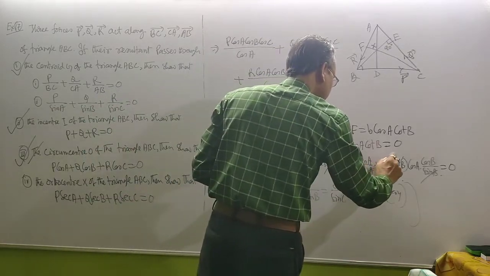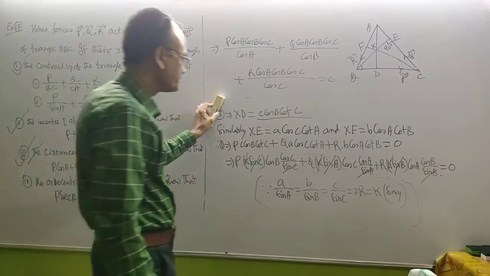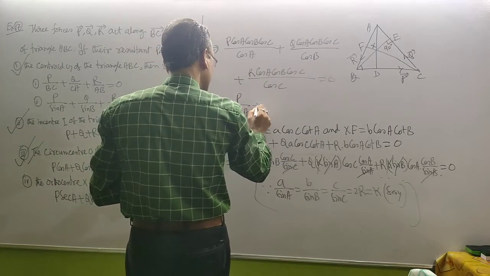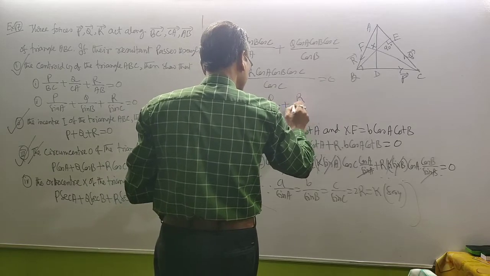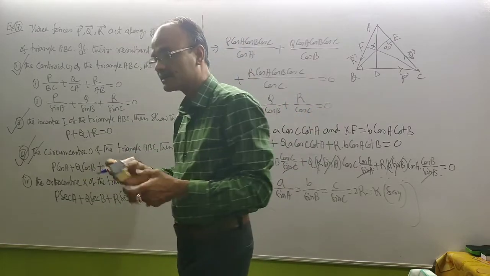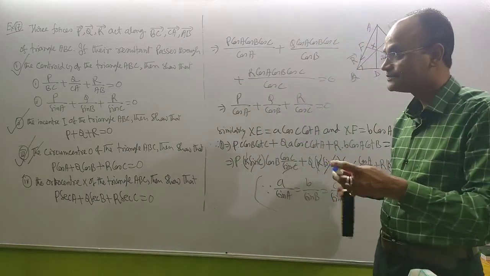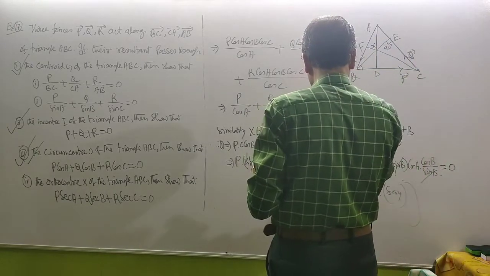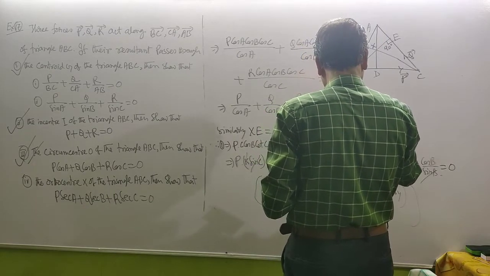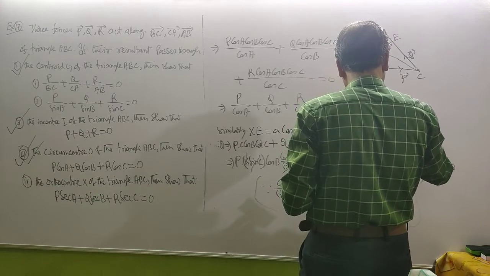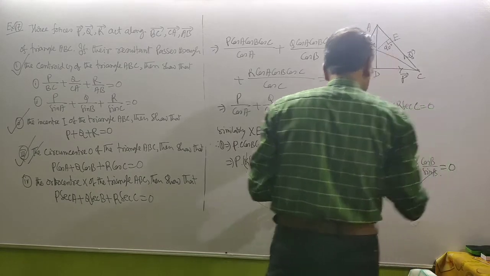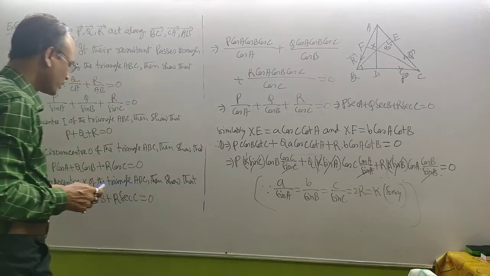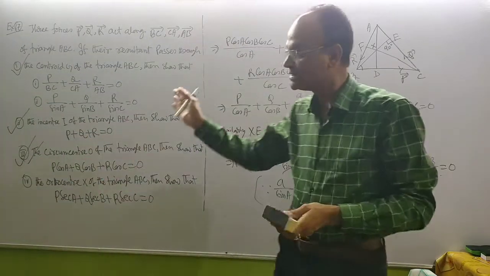Dividing by the common factor, we get P by cos A plus Q by cos B plus R by cos C equal to 0. Or we may write it as P sec A plus Q sec B plus R sec C equal to 0. We have proved all the 4 problems.